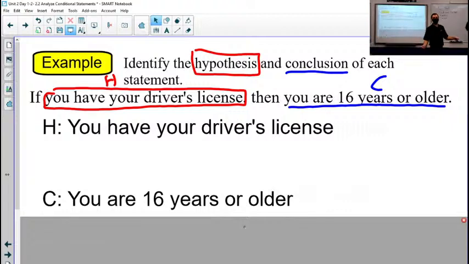So let's try this with another example. Let's actually go into geometry land here. I tell you that there's an angle I'm thinking of. Okay, I'm thinking of some angle.